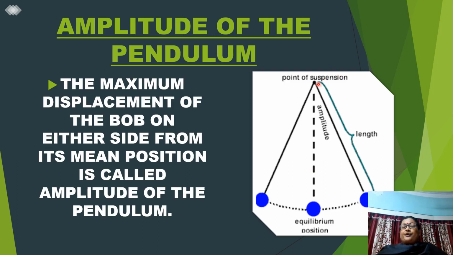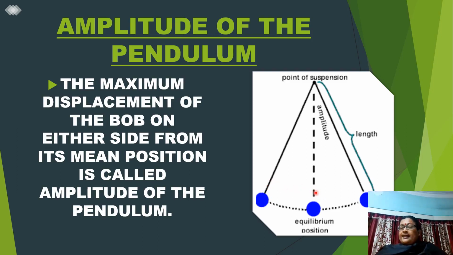Now this is the point of suspension from which you are allowing this particular pendulum to hang. It is at the equilibrium position, which is the mean position, that is, it is not moving at all. Now the distance that it covers from the mean position to the extreme position over here is what is known as the amplitude.